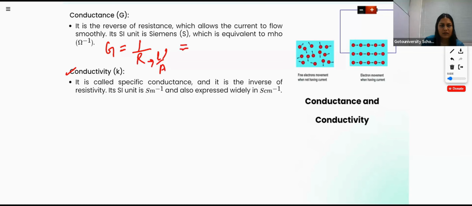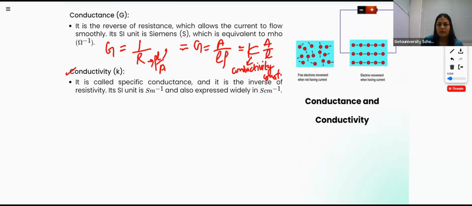So we can write here G is equal to A over L by rho, which is equal to kappa, a conductivity constant, times A by L. So this is the relation for conductance.